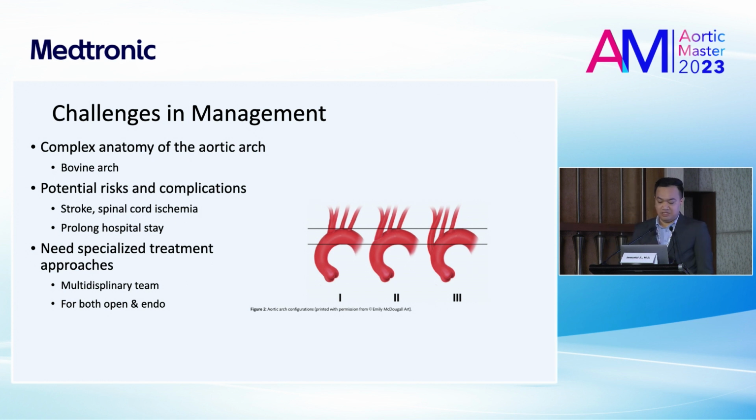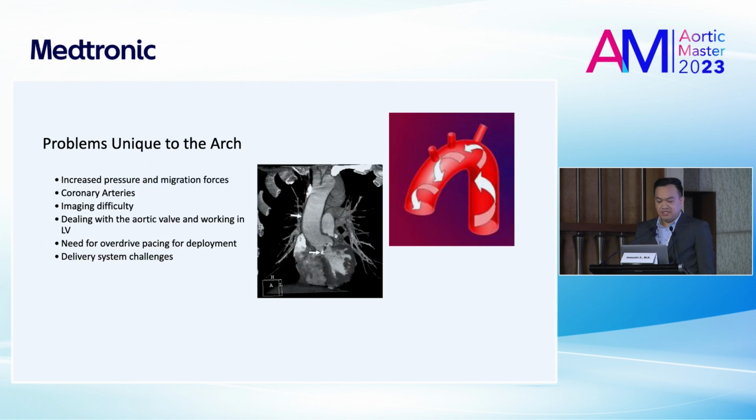for both open and endovascular interventions. What is so unique about the arch with endovascular treatment? As it is closer to the heart, the pressure and migration force are higher, and the presence of the coronary arteries means we must be very careful, otherwise we might cause a bigger issue.